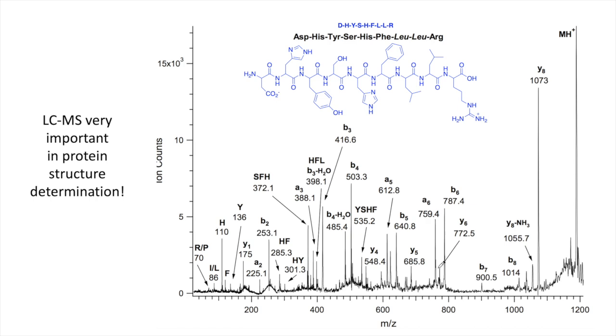So LCMS is really, really important in protein structure determination. Here you have, I think, a 9 amino acid peptide, and this might be raw data, and a computer can go through and figure out where the cuts are in this compound that give us the peaks that we see below.